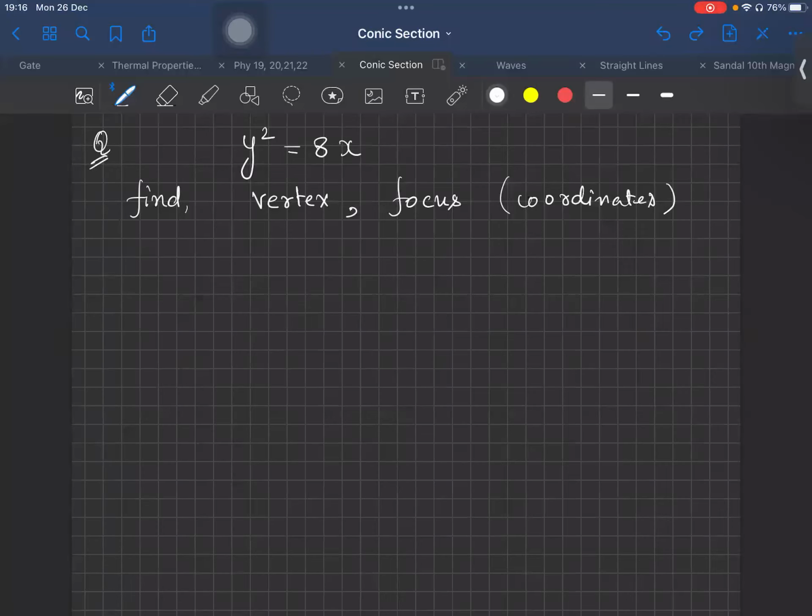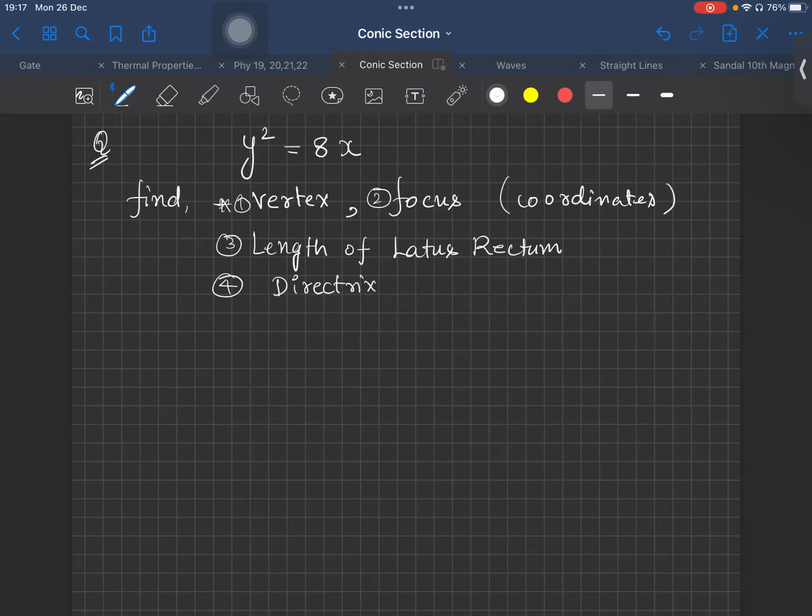And the fourth one, what else? Directrix. Find out the equation of directrix. Find out fast.